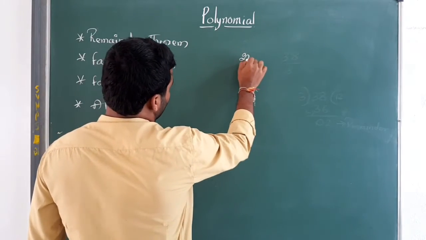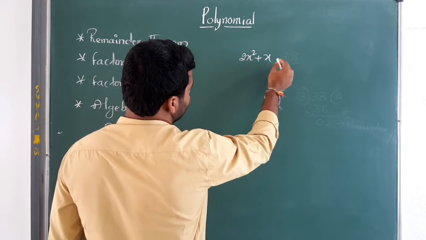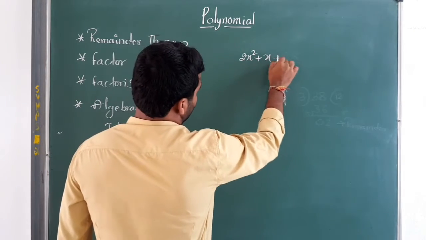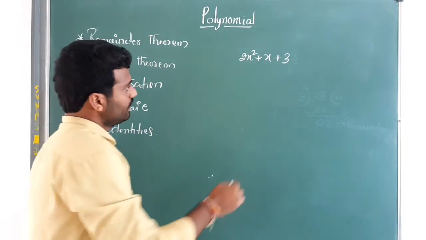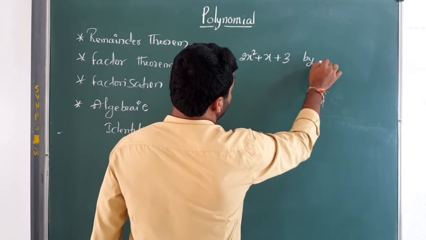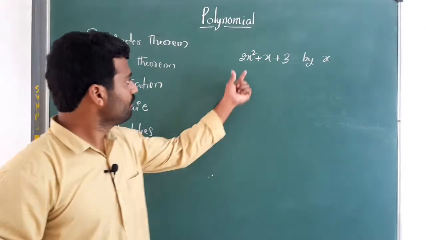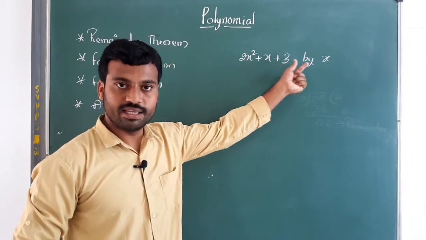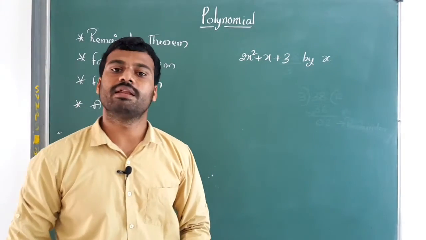So 2x square plus x plus 3 is divisible by x. If 2x square plus x plus 3 is divided by x, then what is the remainder?